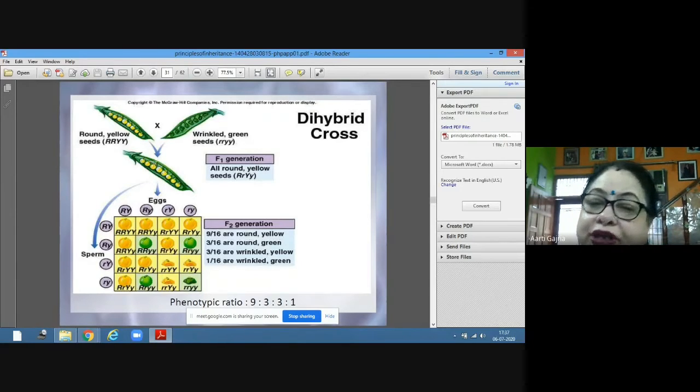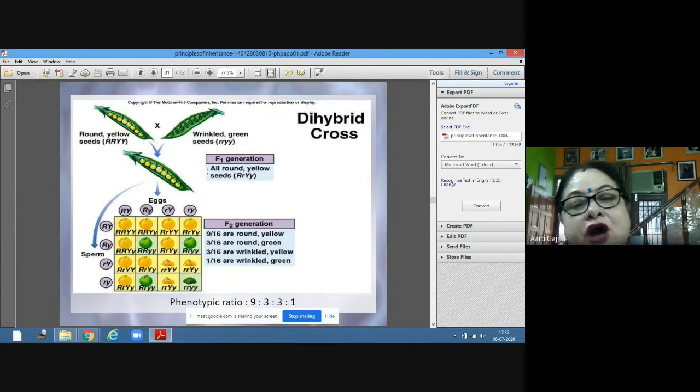He self-pollinated this F1 generation, that is round and yellow of F1 generation with round and yellow. Here the genotype is capital R, small r, capital Y, small y.